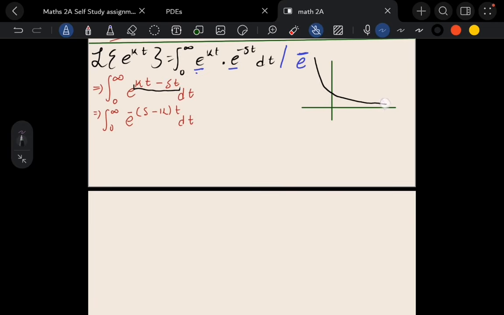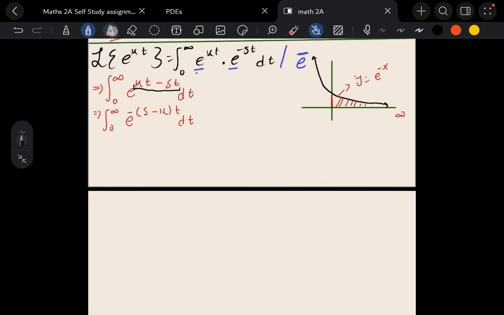Since the Laplace transform starts from x equals 0 towards infinity, this graph decreases. It mimics y equals e to the minus ax. Since the graph of e to the power minus is a decreasing function, it's going to converge to 0 at the end. So that's why we must always have a negative exponent of e.